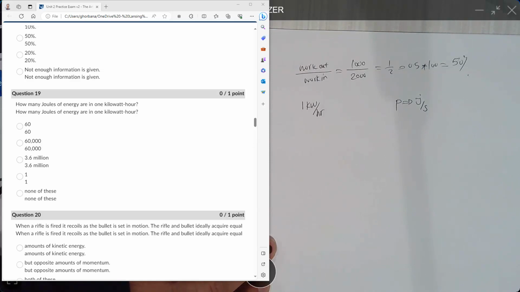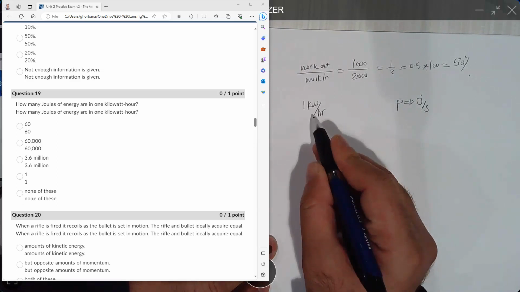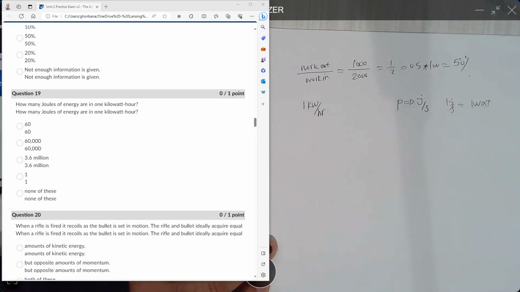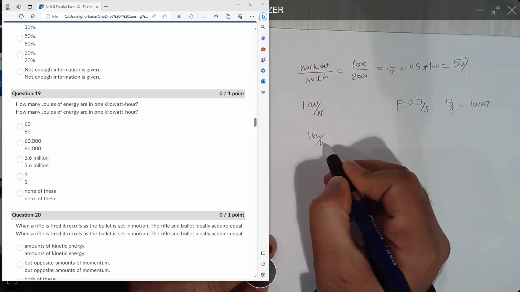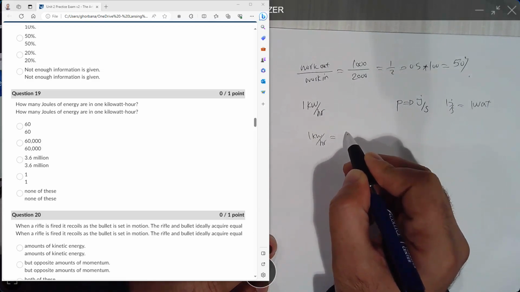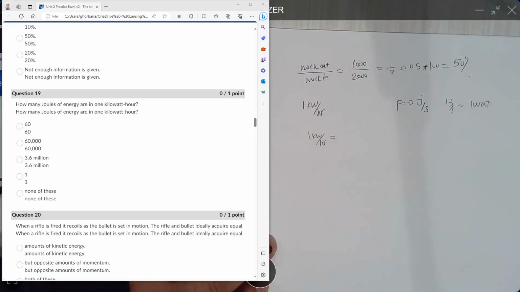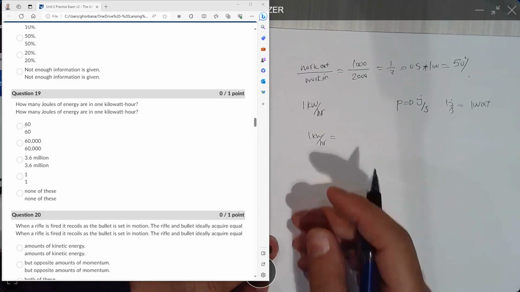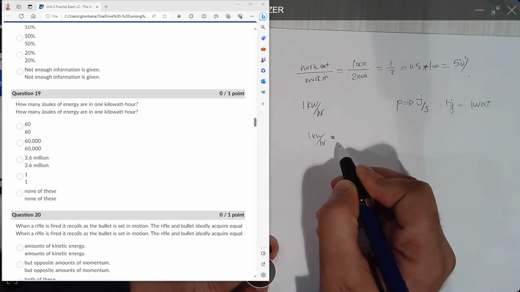We need to do some unit conversion here. 1 joule per second is 1 watt, and for 1 kilowatt per hour we convert the kilowatt to watt.